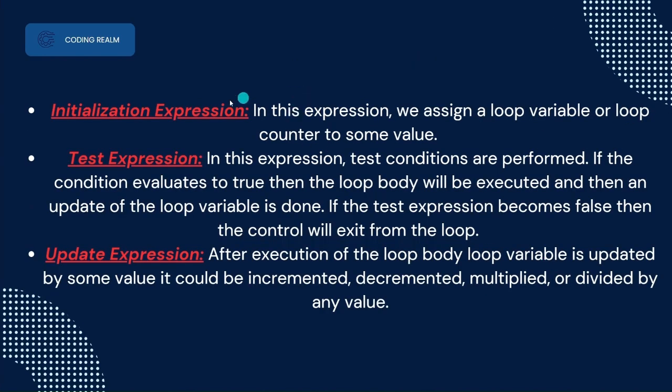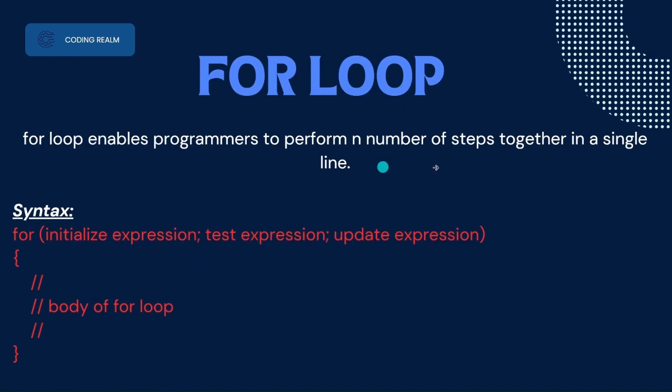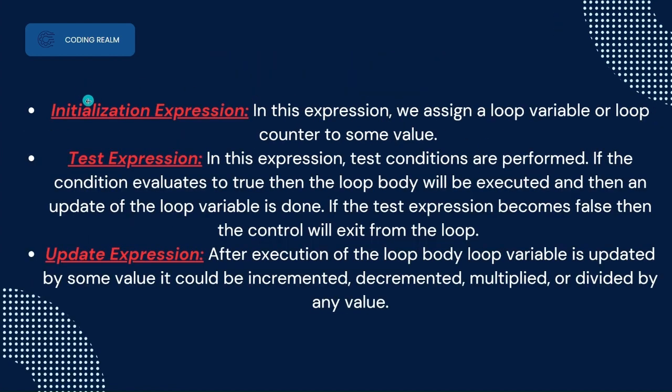Now let's explain the syntax of the for loop, and let's start with the initialization expression. In this expression, we assign a loop variable or loop counter to some value, for example, integer i. The test expression: in this expression, test conditions are performed.